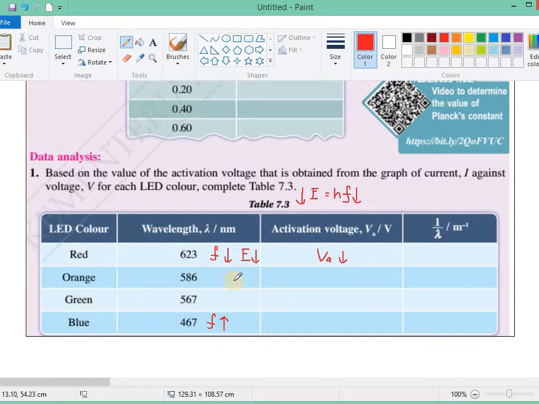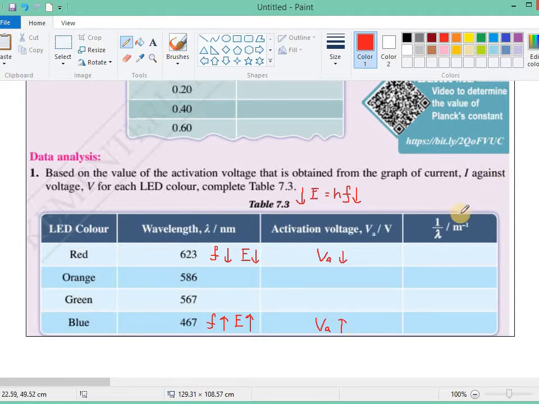Okay, and going towards blue, the frequency is high, so the energy of the photon will be higher. If the energy of the photon is higher, you need to supply more energy to the LED. So the activation voltage for the blue LED will be higher.